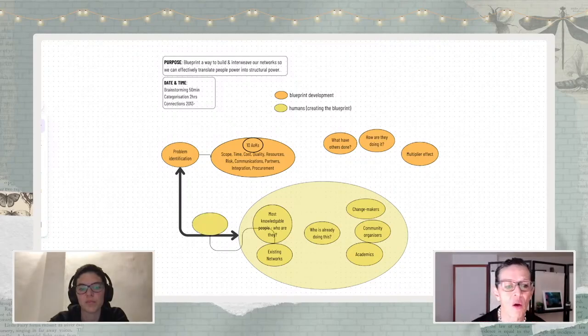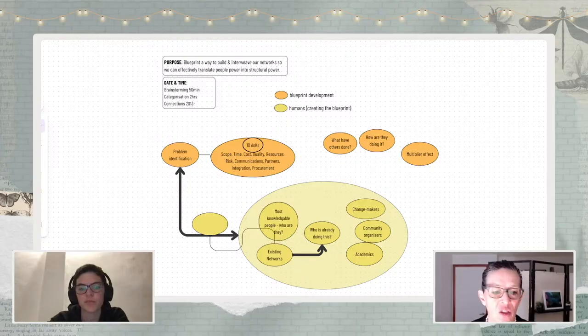So we say, okay, we're going to start with who are the most knowledgeable people or the subject matter experts? And then we can say, oh, change makers, community organizers, academics. And then we can have the internal connections within that particular yellow heart. Exactly.